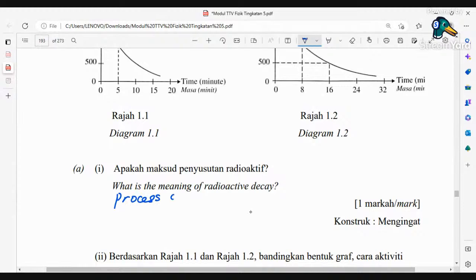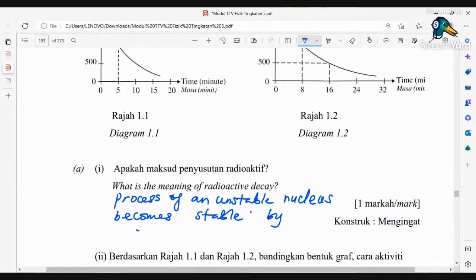The process of an unstable nucleus becoming stable by emitting radioactive radiation.